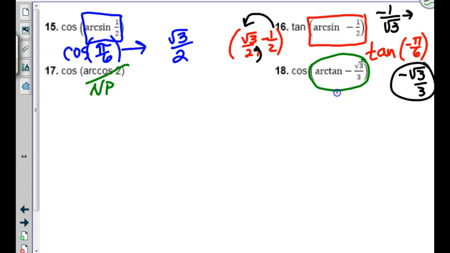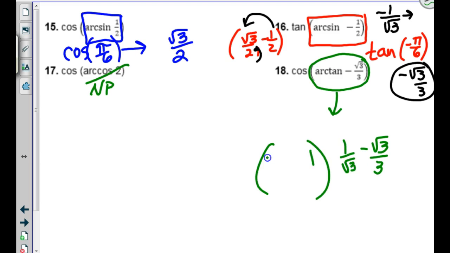This is tricky because you can't see the tangent on the ordered pairs. Okay, negative square root of 3 over 3 used to be what? Well, yeah, we're looking at a 1 over a square root of 3, so the y and the x need to have this. Do you see where that would become 1 over square root of 3, which would become square root of 3 over 3? Okay.